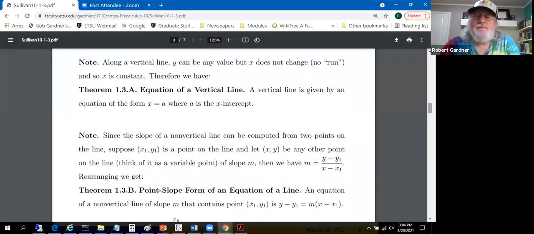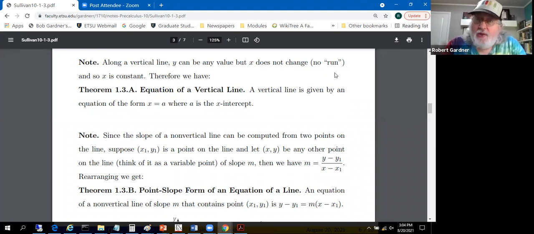Shifting gears a little bit and talking about vertical lines. I don't like vertical lines in an algebraic discussion because they have undefined slopes. All lines, as we'll see sometime in chapter 2, determine functions, except for vertical lines. So that's another reason to dislike vertical lines. Along a vertical line, y can be any value and x doesn't change.